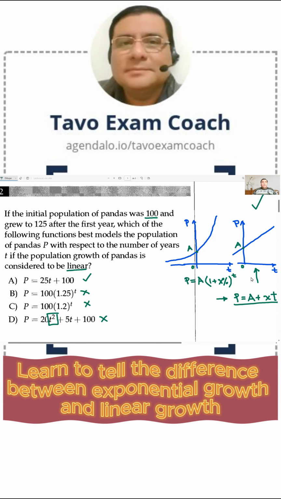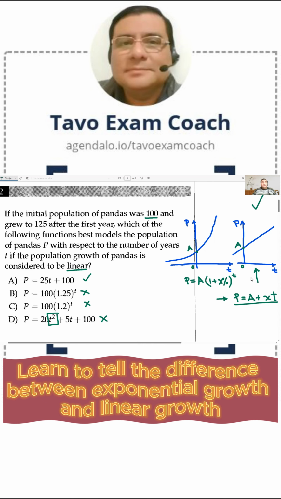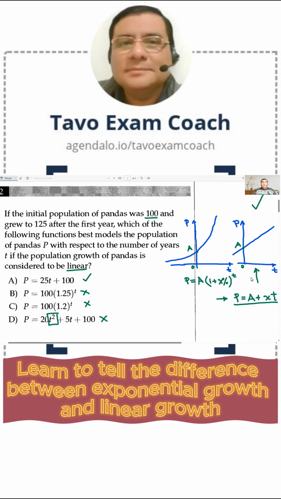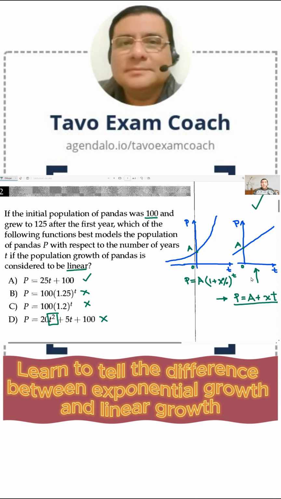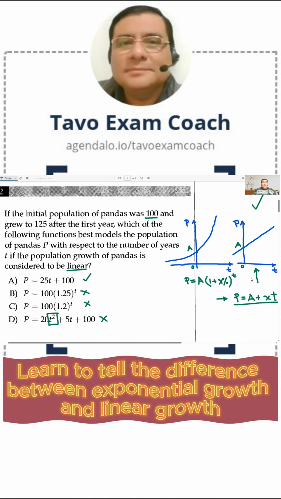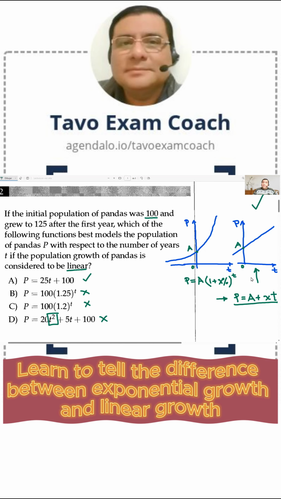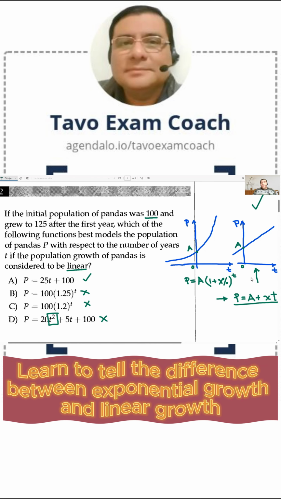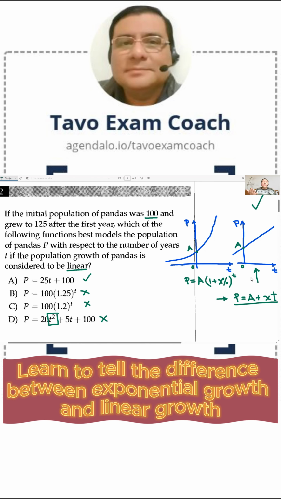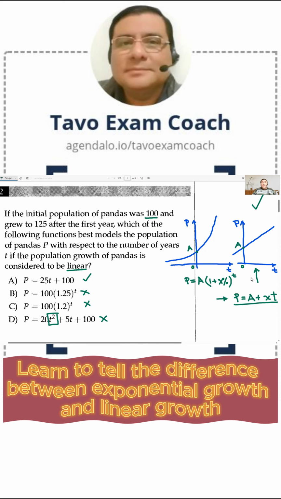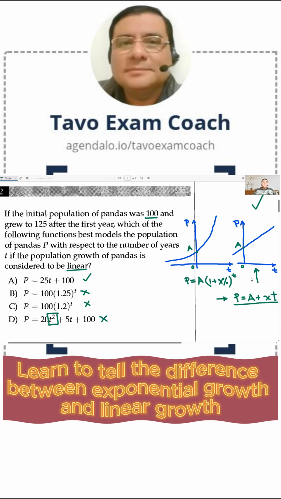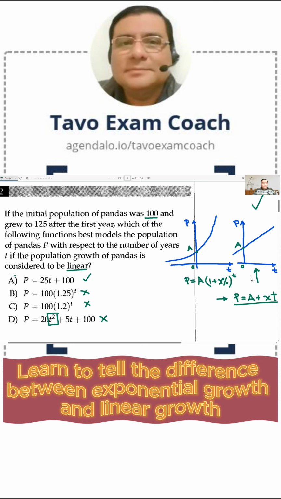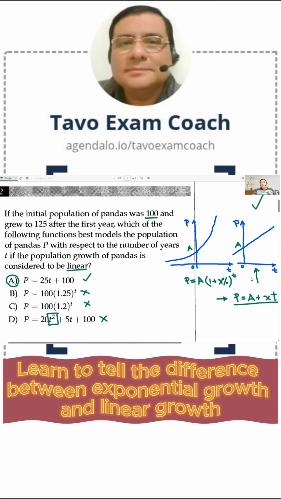And after growing for the first year to 125, this can also be confirmed with this function. If we substitute T for 1, then we have P equals 25 times 1 plus 100, which would be 125 pandas. So we confirm this is a good model, and so the correct answer choice is option A.